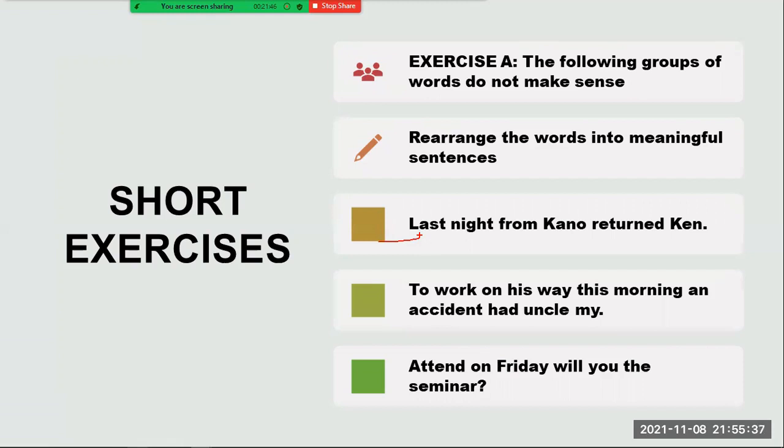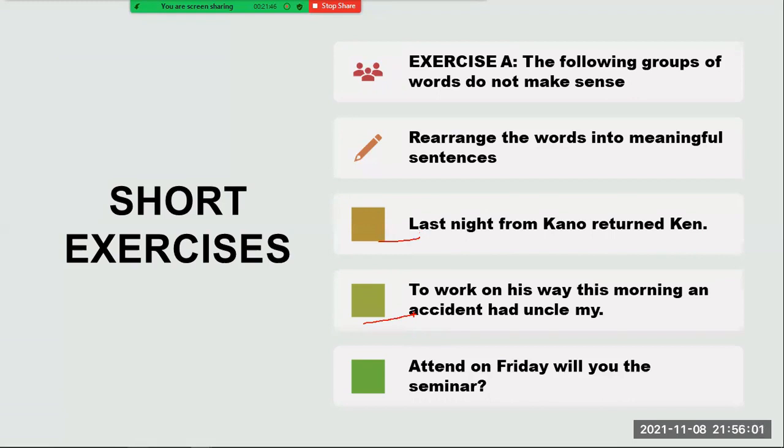Then the second one: to walk on his way this morning, an accident had Uncle Mai. So these words are not in their proper order and therefore do not make sense.